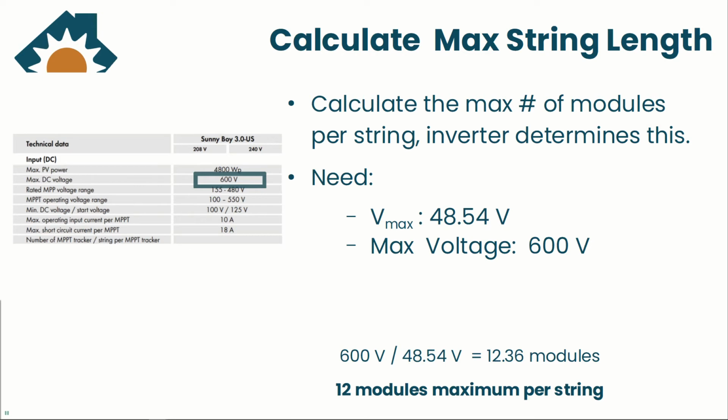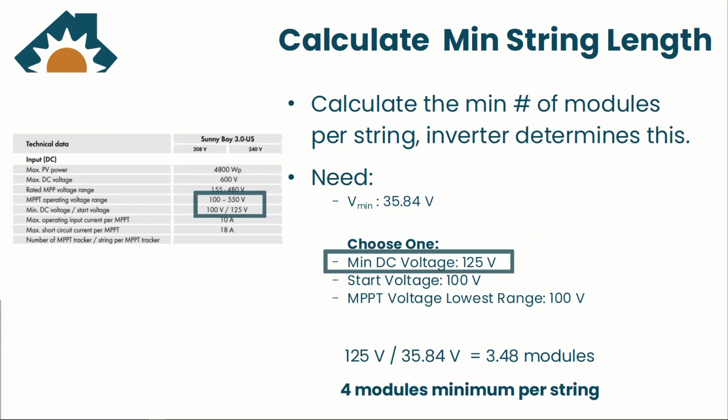So we simply do this by dividing the 600 volts by 48.54 volts, and we get 12.36 modules, maximum. Well, as you probably know, we can't have 0.36 modules, so we need to round this down to 12 modules max per string so that you do not exceed the inverter maximum voltage on the coldest days.